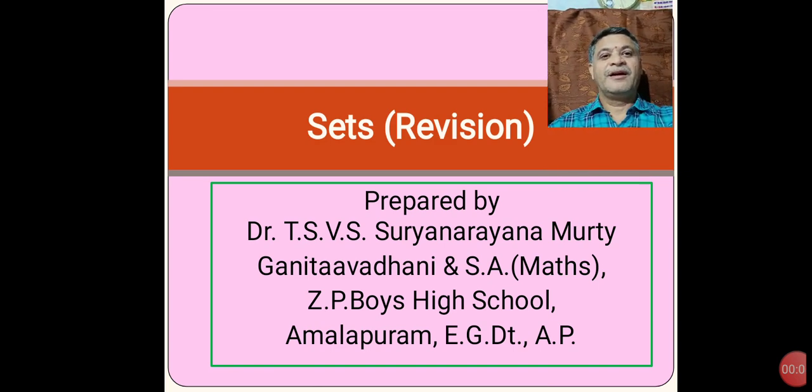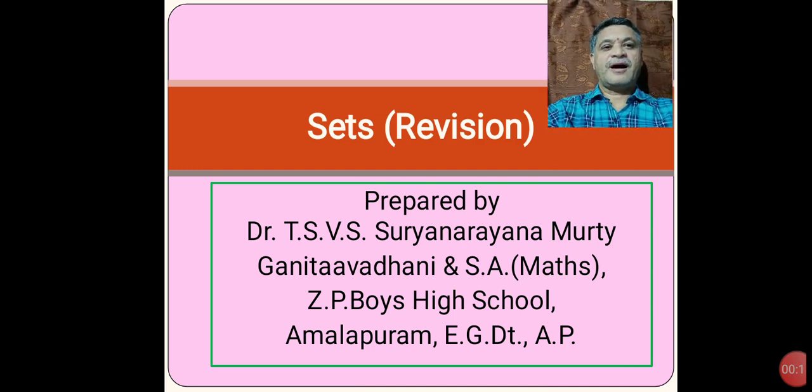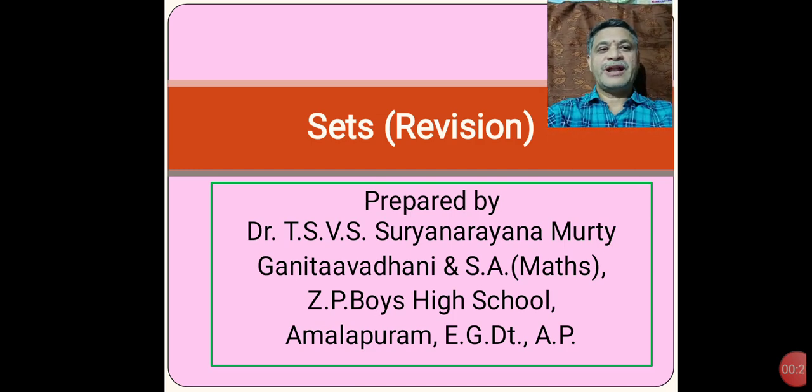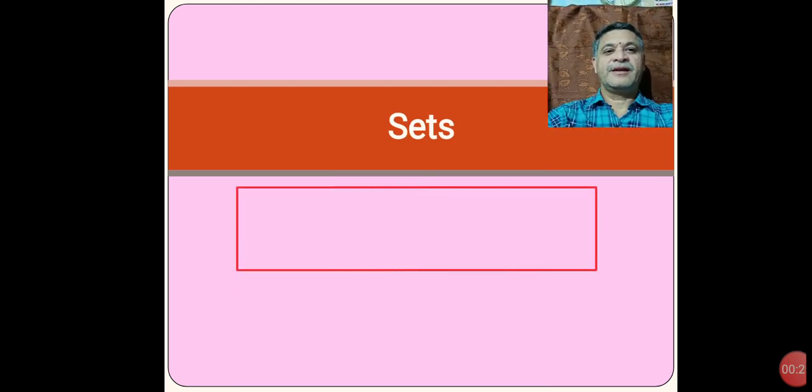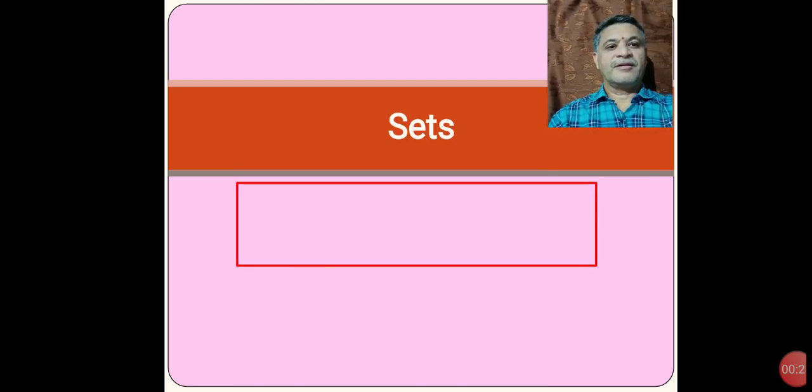Thank you. Today we are going to learn about the second part of revision in sets. So children, already we learned about the definitions of sets in the first volume. In that we showed some group of birds which is not a set.